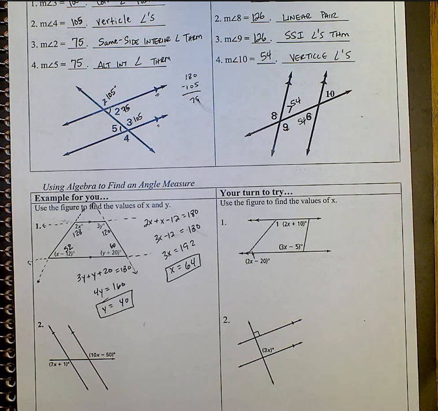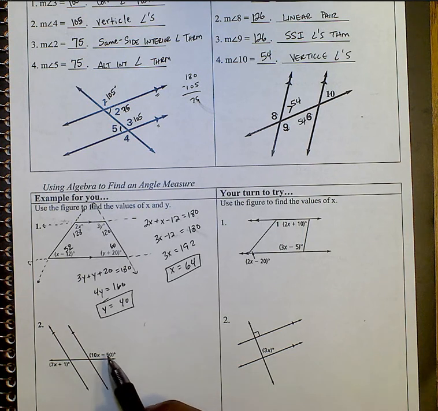Number 2 is a fun problem because you kind of have to use a couple of different things. They give you these two angles, 7x plus 1 and 10x minus 50. Initially, this isn't any of our relationships. These aren't vertical angles or corresponding or same side interior.